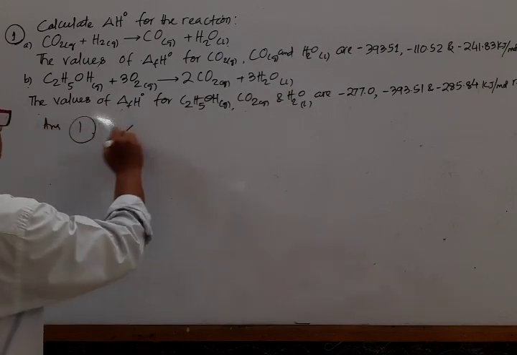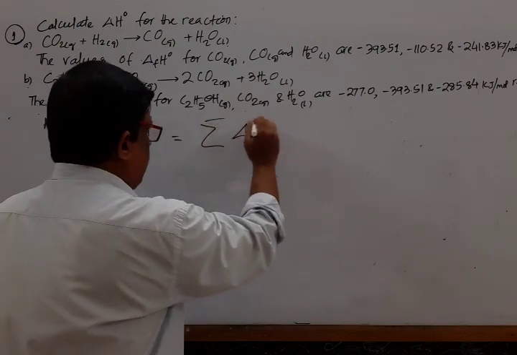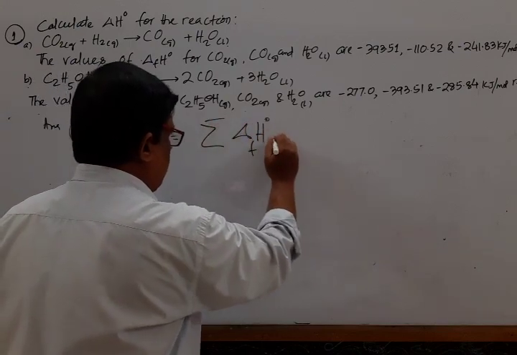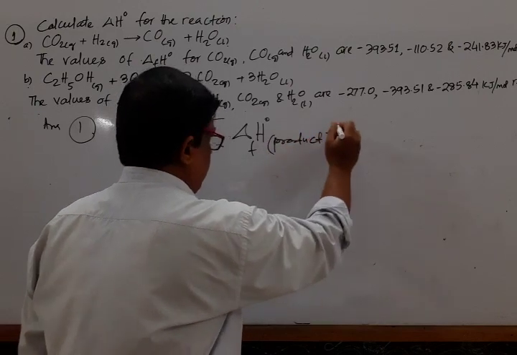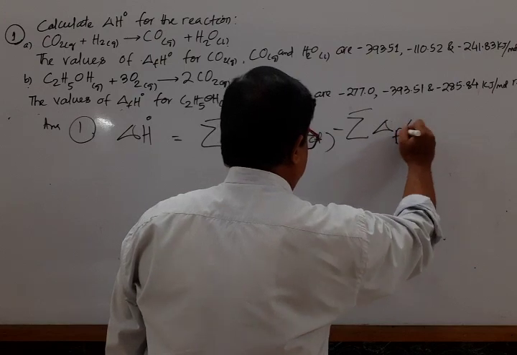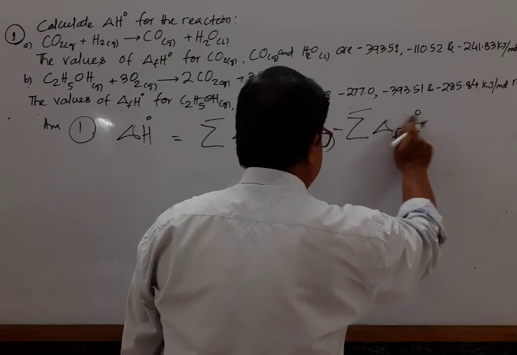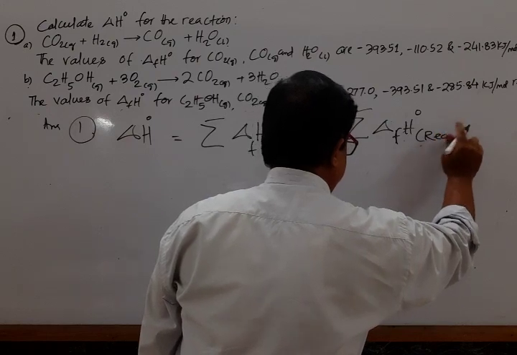We know that del H naught is equal to the sum total of standard enthalpy of formation of products minus the sum total of standard enthalpy of formation of reactants.